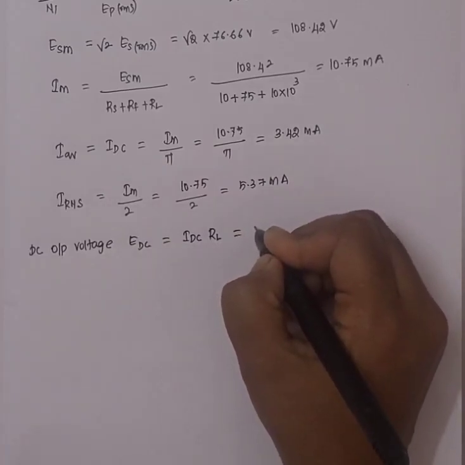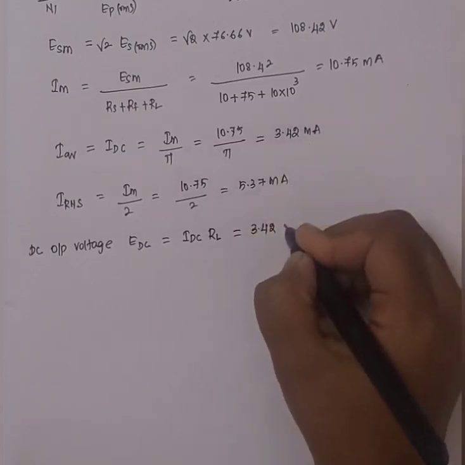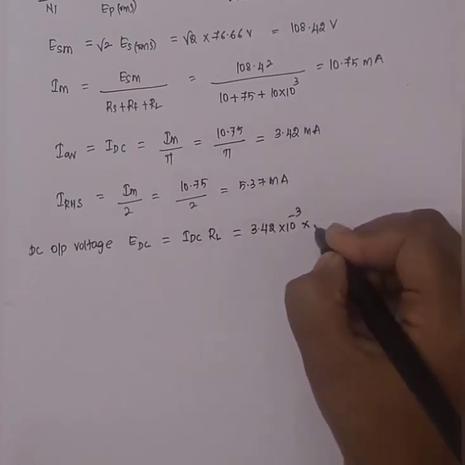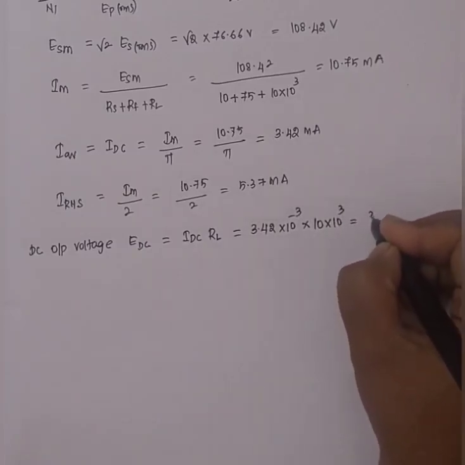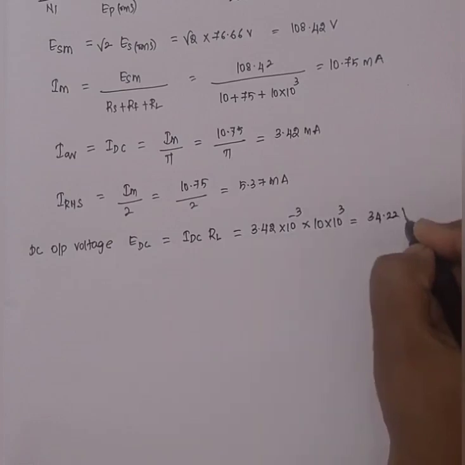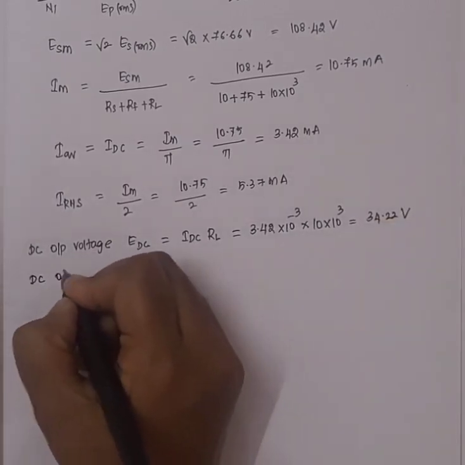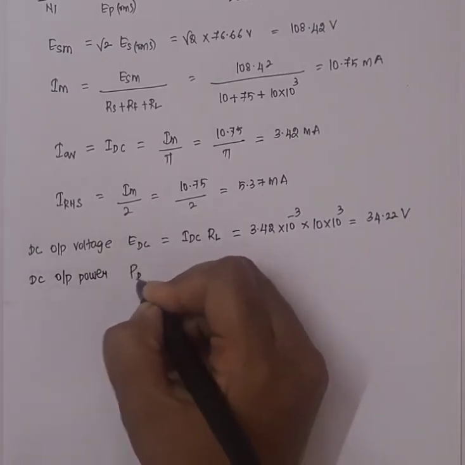The IDC value we have calculated earlier is 3.42 milliamperes, so into 10 power minus 3 into RL value is 10 kilo ohms, so 10 into 10 power 3, which is equal to 34.22 volt.